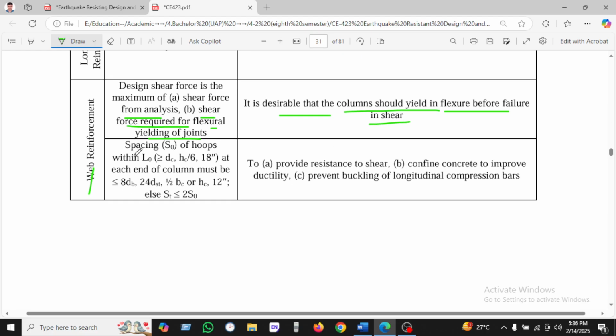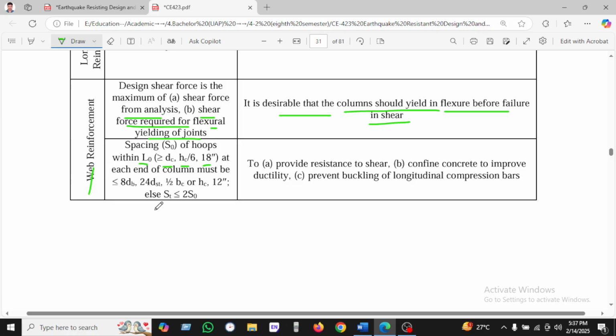Okay, so let's see the spacing of the hoops within l naught, which is greater than the column depth, or the clear height divided by 4, or 18 inches at each end of the column, and must be 8 d_b, where d_b is the bar diameter, or 24 d_s, the stirrup bar diameter, or one third of the column dimension, or 12 inches, whichever is less.